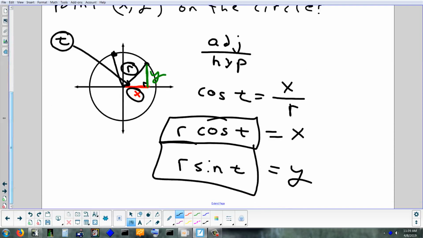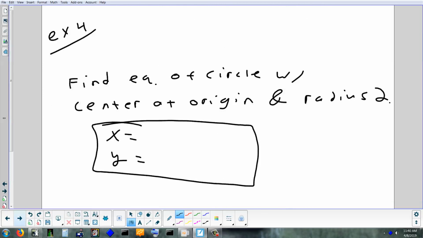So those are the parametric equations for a circle with the center at the origin. You don't have to worry about shifting it up, down, left, or right. Okay? So here's your two equations. Now I'm going to give you a problem, but I'm just going to tell you what I want R to be. Find the equation of a circle with radius 2.